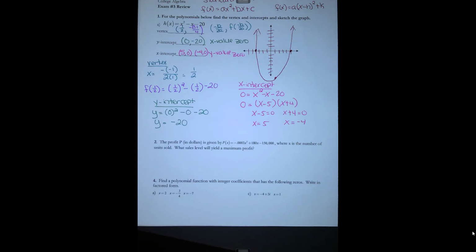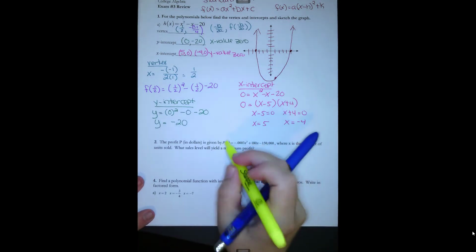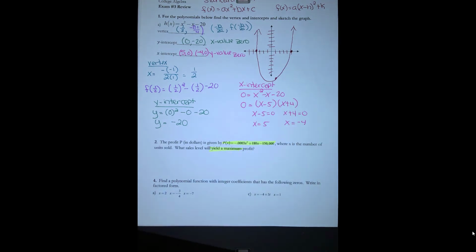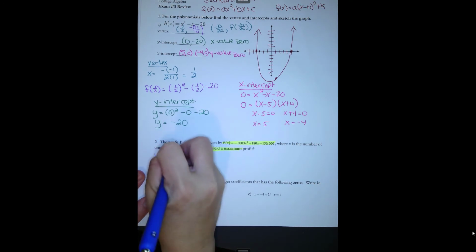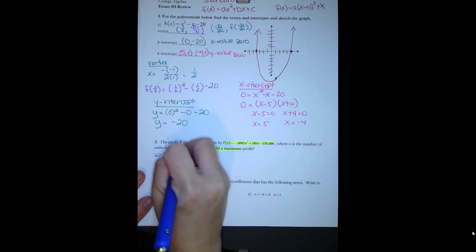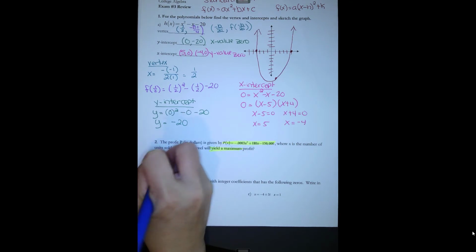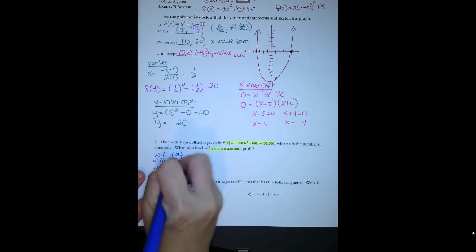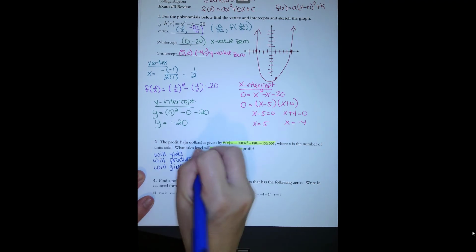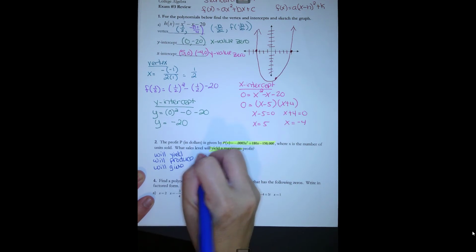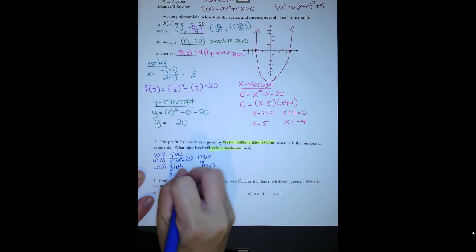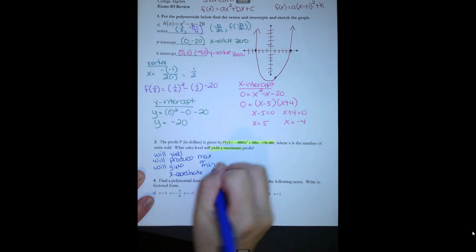And with those, remember, all we really have to be concerned with is our function and then our phrase. So if we hear something like will yield, will produce, will give, and kind of that maximum or minimum, what we're actually looking for is the x coordinate of our vertex.